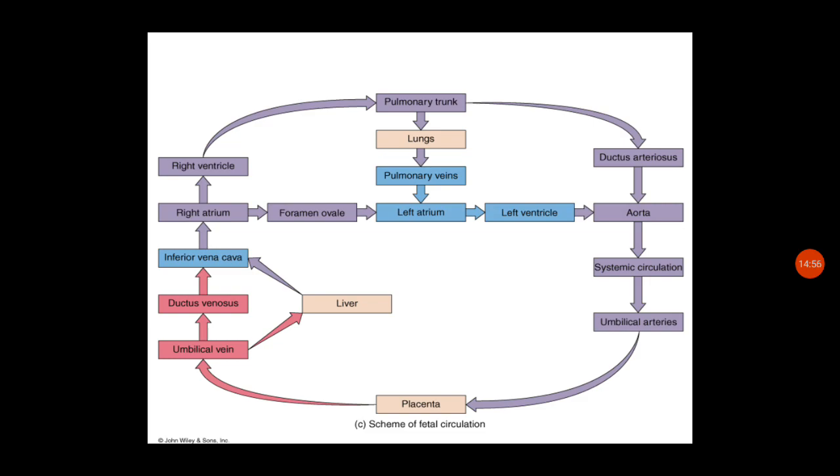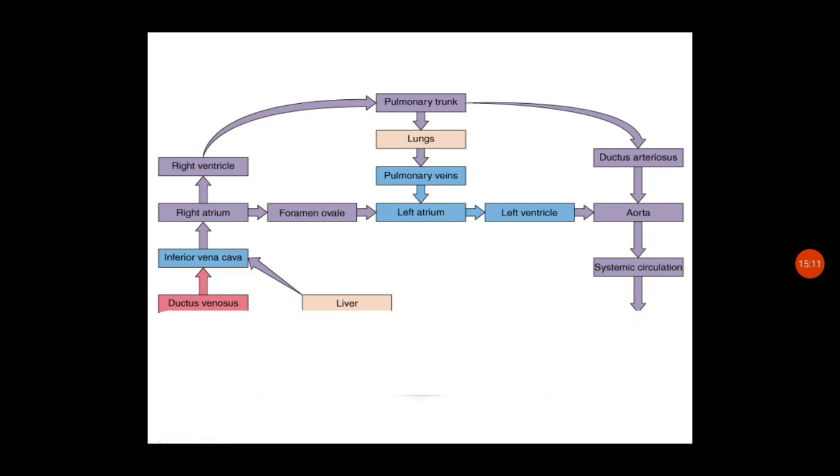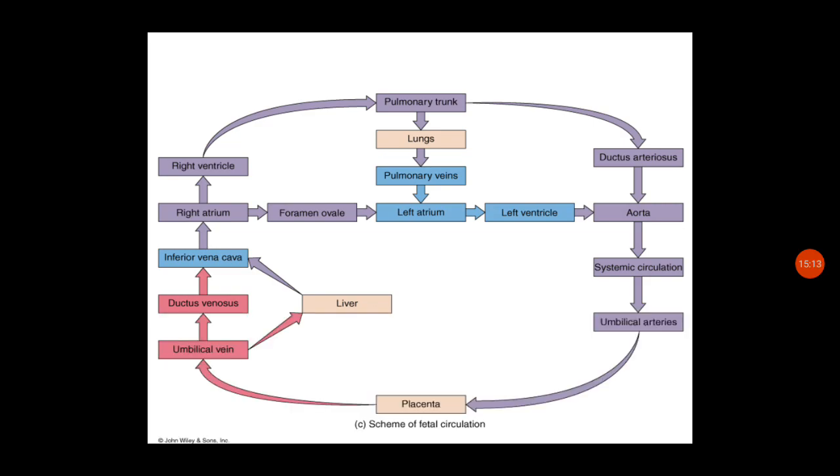So now what we are going to start with is the cord clamping, or cessation of placental circulation by cord clamping or cutting of the umbilical cord. With that, the umbilical vein, umbilical arteries and the placenta are going to disappear.